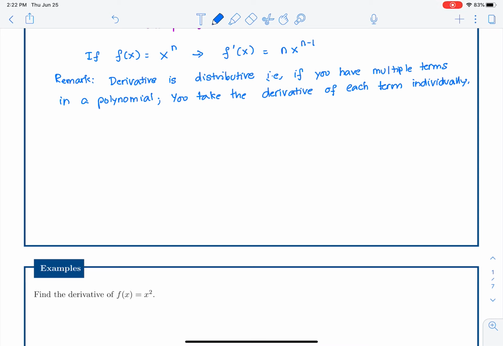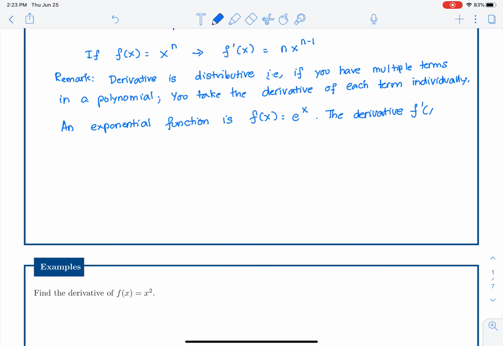What is an exponential function? An exponential function is f of x equals e raised x. The derivative f prime of x is also e raised x.